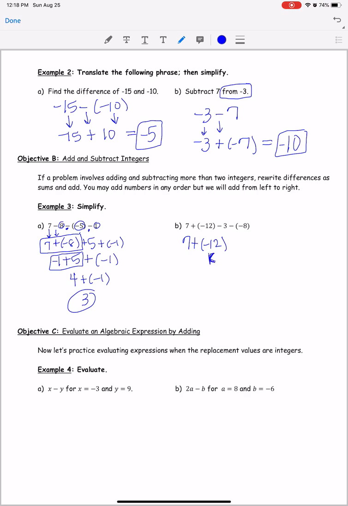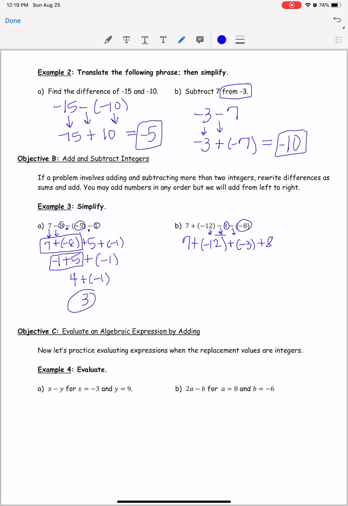So now we need to change and flip, and then change and flip. So negative 12 was my keep. This minus turns into a plus. My positive 3 is a negative 3. Bring down that minus, turn it into a plus. We're flipping it or changing it. And then this negative 8 into a positive 8.